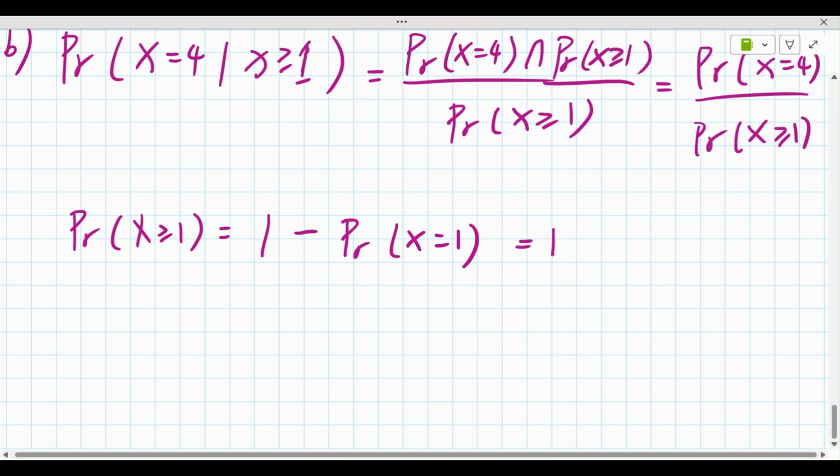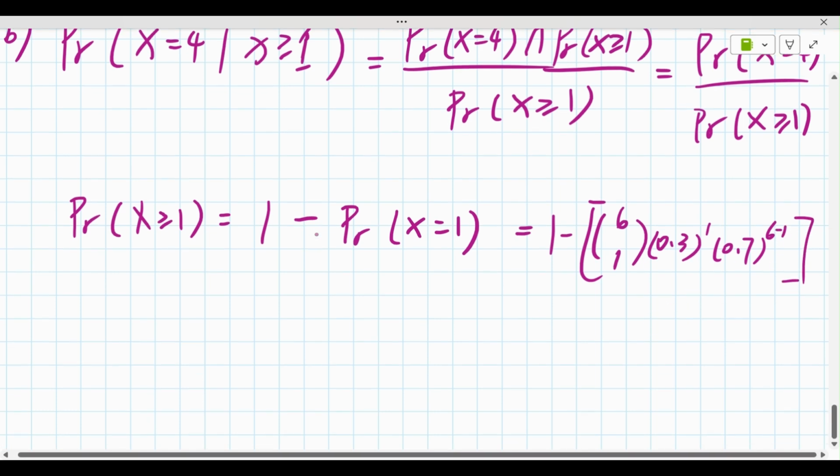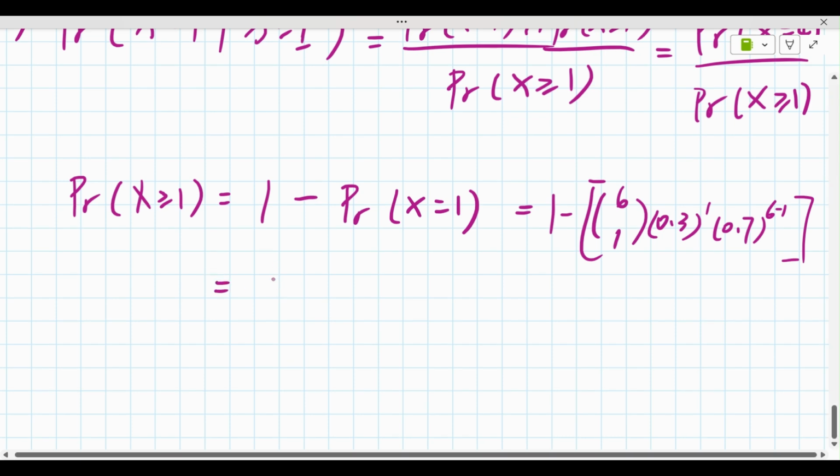So that means 1 minus, let me think, 0 goals means you miss all 6, which is 6 choose 0, 0.3 to the power of 0 times 0.7 to the power of 6. Once we get that, then we can say that equals some number. Please use the CAS.